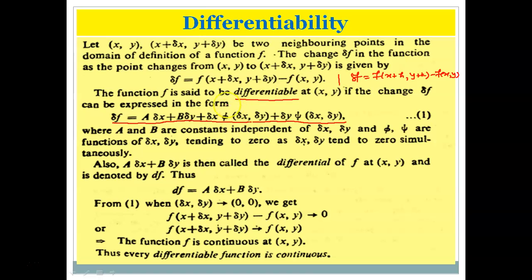Alternately, I can write this equation in this way, because delta f is equal to this. So I can write f of (x plus h, y plus k) minus f of (x, y), in place of delta f, equal to a delta x plus b delta y plus, in place of delta x we can write h, because we are making the change h in the variable x and k in the variable y, so we write h phi plus k psi.